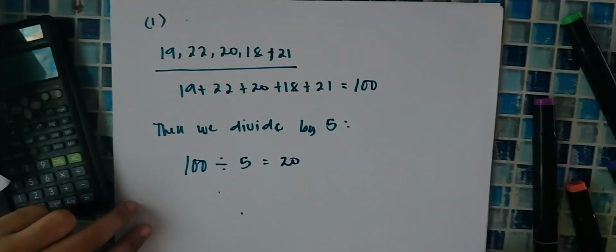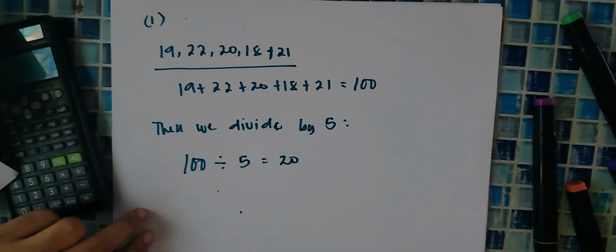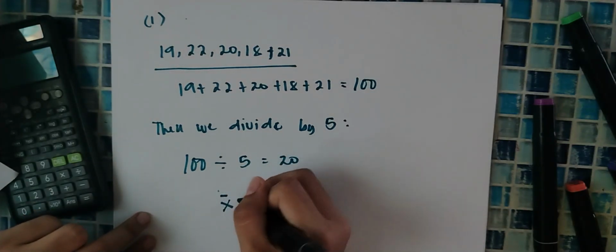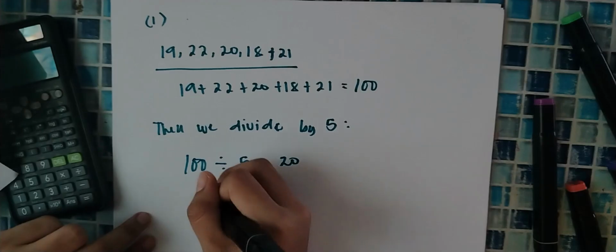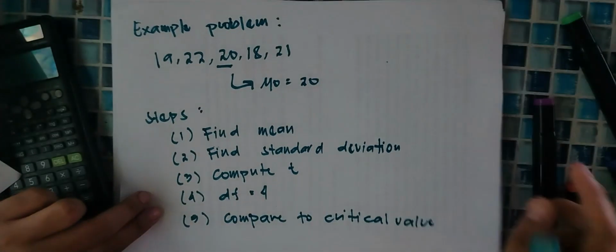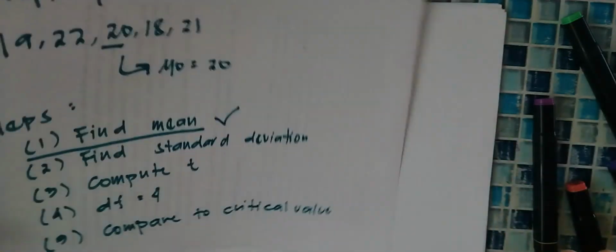So our sample mean, or our x bar, is 20. So x bar is equal to 20. So this is the sample mean, and the first step is done.